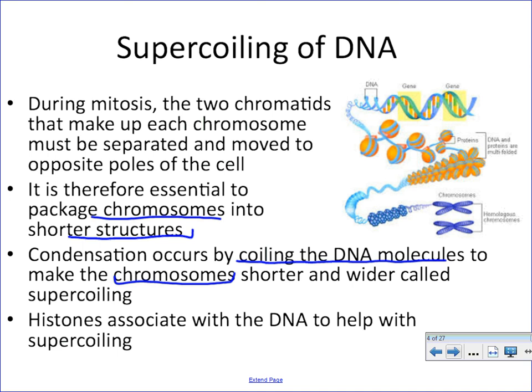During that process of coiling, you have proteins called histones that associate with the DNA and help with the supercoiling. The image on the slide shows how this coiling happens. You have just the basic structure of DNA.